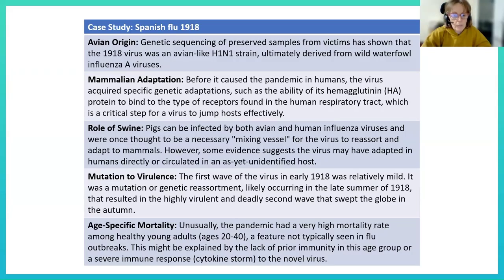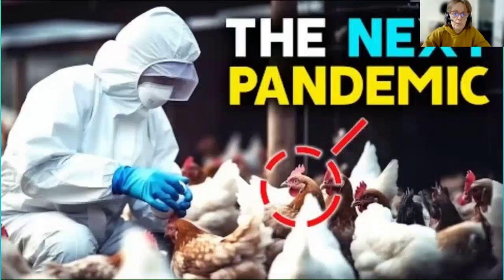What we think was happening was they had a lack of prior immunity just by chance in this age group, because older people had some immunity from earlier strains before this age group were alive. And then they had a really severe immune response because they were young and healthy. Their immune system response was so strong that the cytokine storm to this novel virus overwhelmed their respiratory systems, and a lot of them had severe lung issues and couldn't breathe because the immune response was so strong.